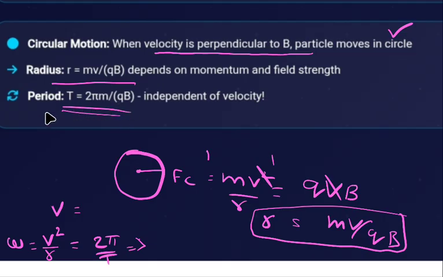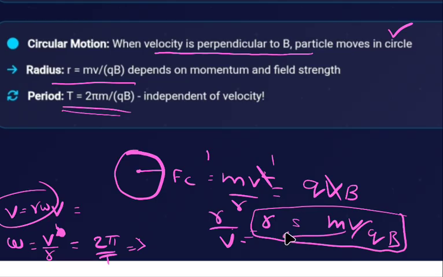Here, instead of v square you write only v by r. V is equal to r omega. So v we already get from this. V is equal to, what will you get? V by r, no? So you write r by v.